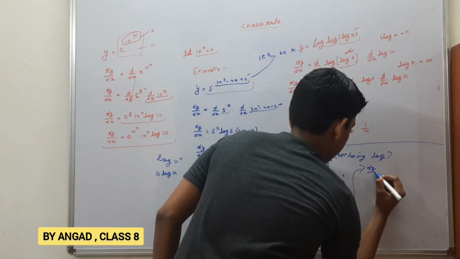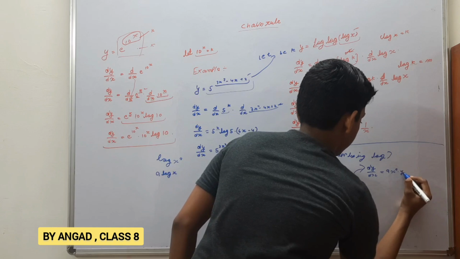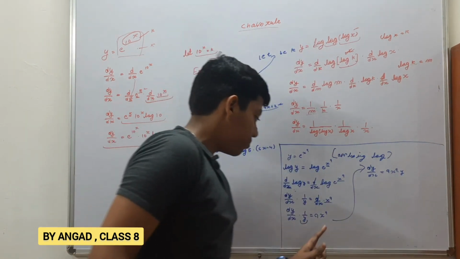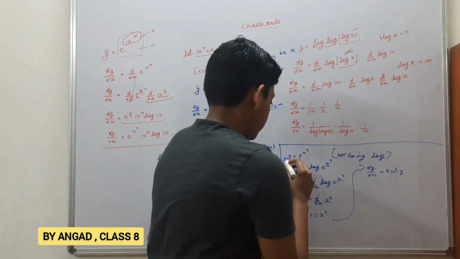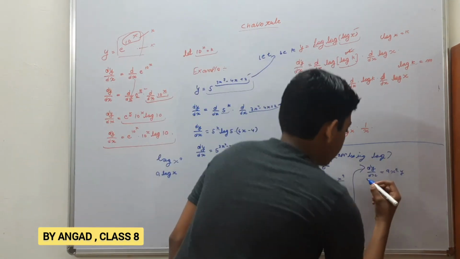We will write dy by dx is equal to 9 x to the power 8 into y. You need to transfer this y from here to here. Now, as we know y equals e to the power x to the power 9, we will write y's value right here.